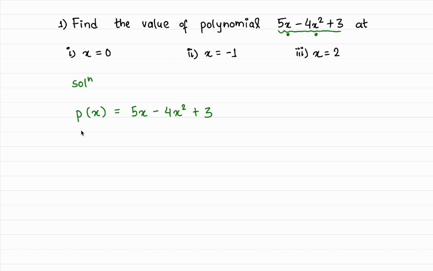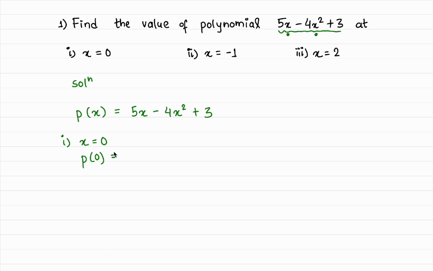Now after writing this, we can easily find the value of this particular polynomial for different values of x. So for the first case where we have x is equal to 0, what we can do is we can write this px as p0 since x is 0 in this particular case.